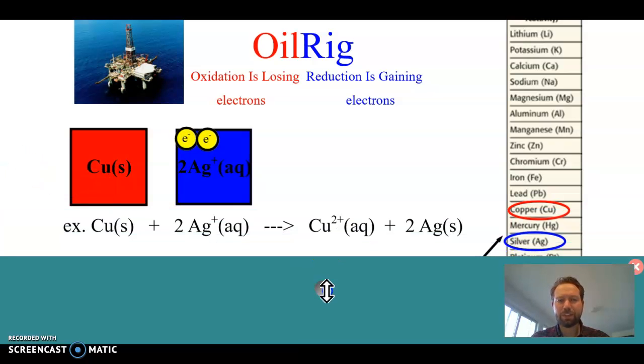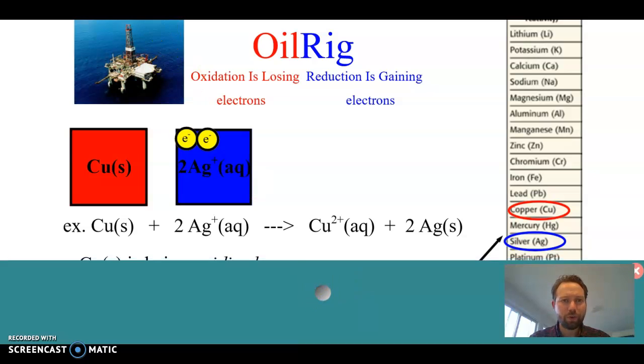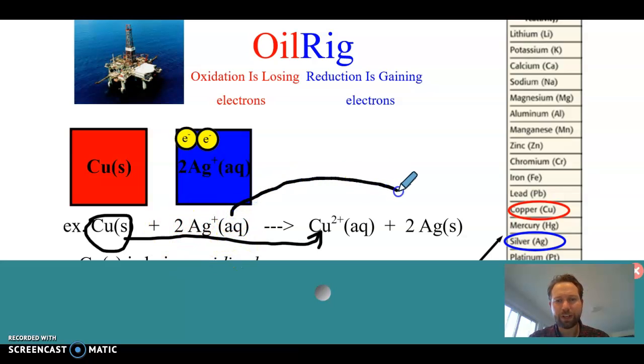And what we see here on the bottom is exactly what we're talking about. Copper, which was neutral, has become positive because it gave away 2 electrons. And where did those electrons go? Well, silver got those electrons and became neutral.